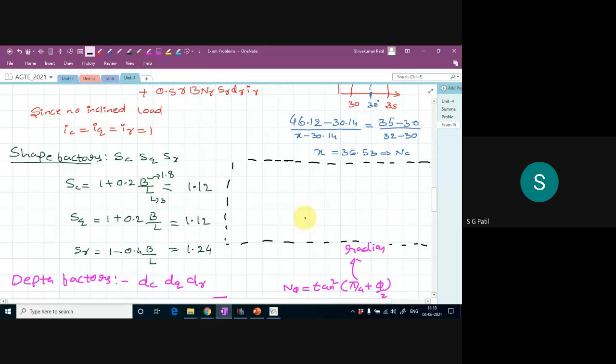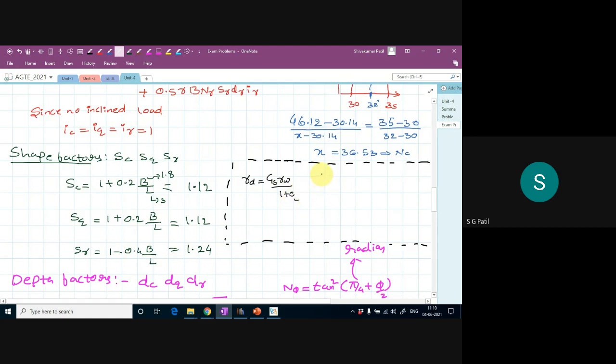If you recall that formula, gamma d is equal to Gs into gamma w divided by 1 plus e. But e, the void ratio, I don't know.